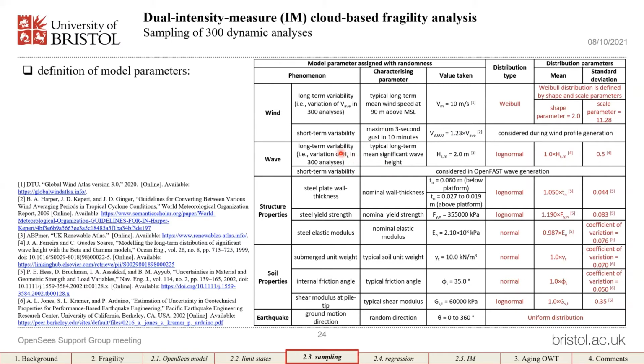And for wave load, the story was quite similar to wind. For structural properties, we had 3 random variables, namely the wall thickness, the yield strength of steel, and the elastic modulus of steel. For soil properties, we had the unit weight of soil, the friction angle, and the shear modulus. And finally, for earthquakes, we have considered the direction of the strong components of all of the ground motion records.